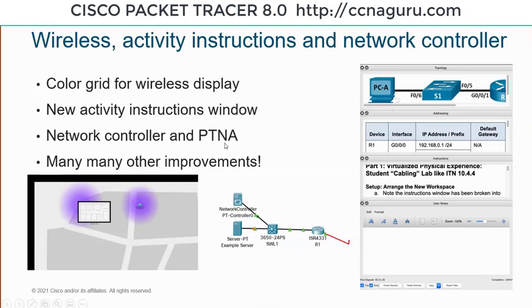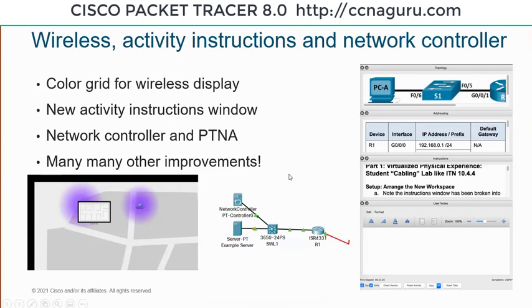Also, network controller and PTNA. This functionality of PTNA has now come into the general release of Packet Tracer. While it was available before in the special version of Packet Tracer inside the DevNet Associate VM, now it is available in the general Packet Tracer with some enhancements.